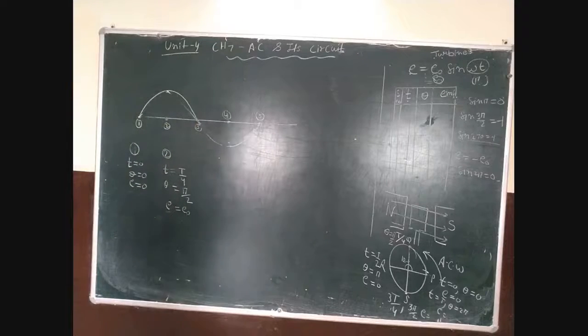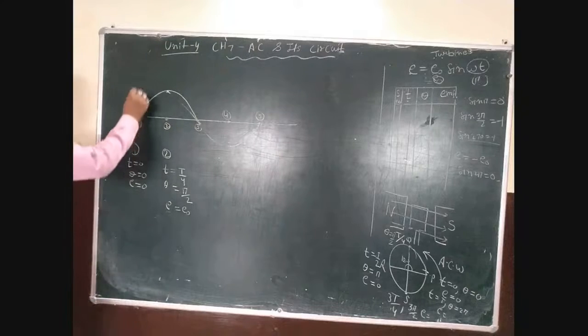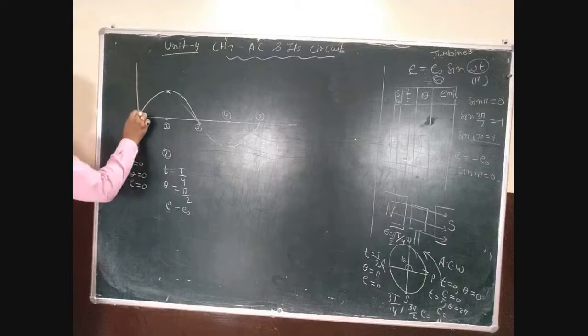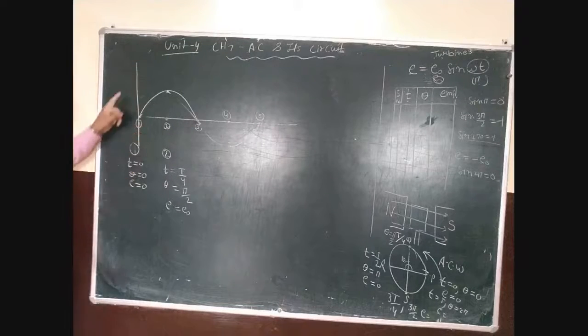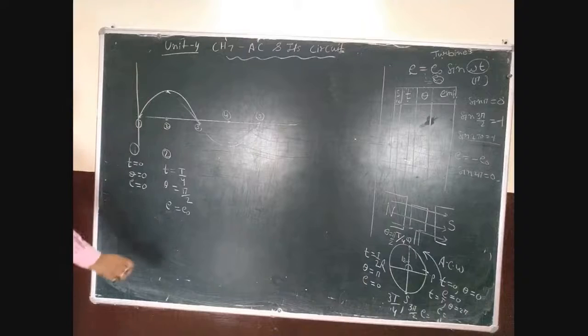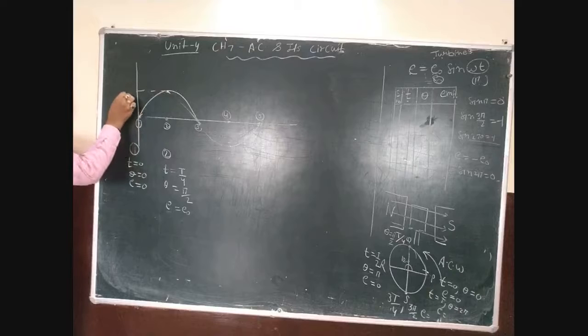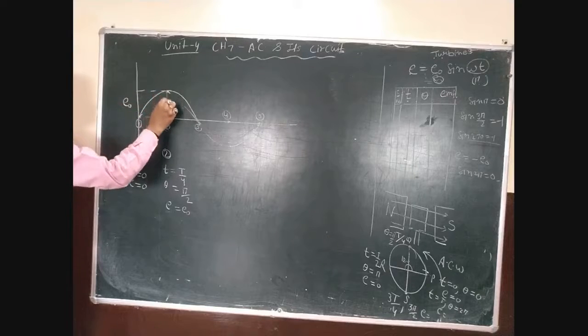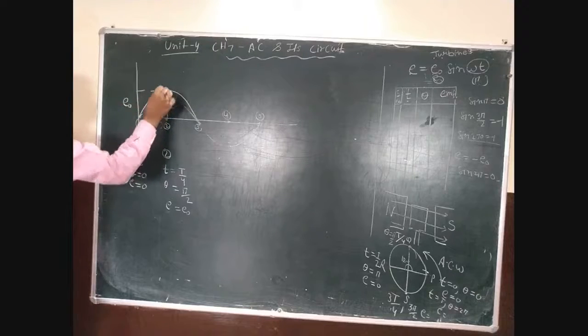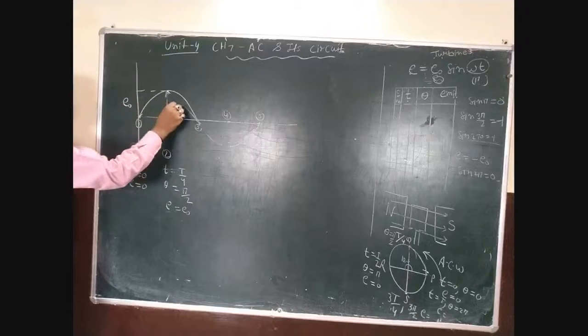Okay, and so we observe, by using a vertical axis, this value is called E naught, which is the maximum value above the horizontal line.